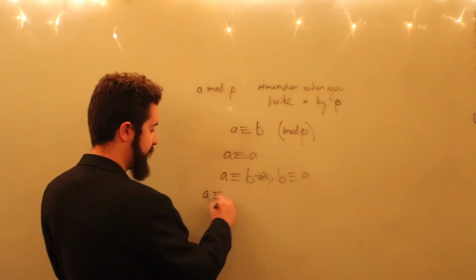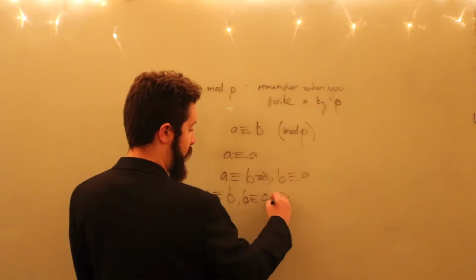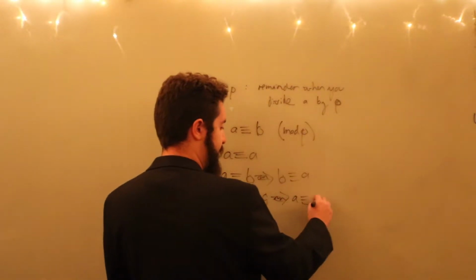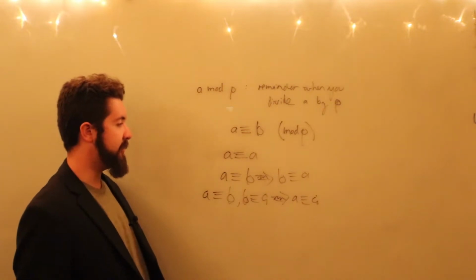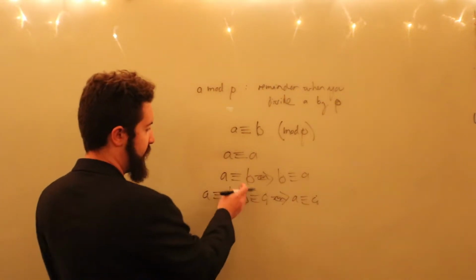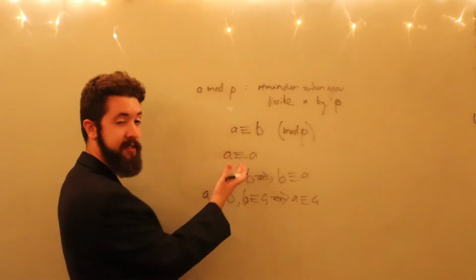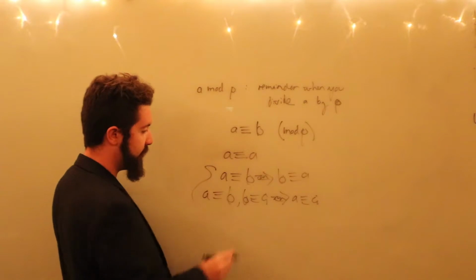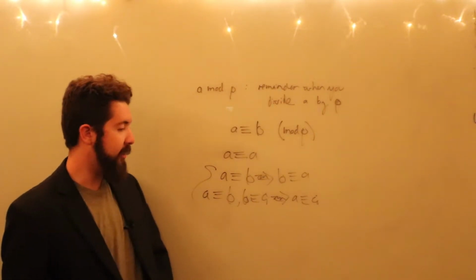And if a is congruent to b and b is congruent to c, this is going to imply that a is congruent to c mod p. And these are fairly easy to show. I'll leave it to you to do that. Obviously a number has the same remainder mod p as itself. So these two require just an elementary proof, but nothing you can't handle.